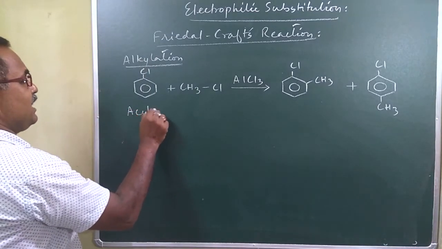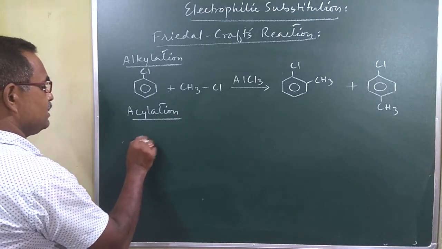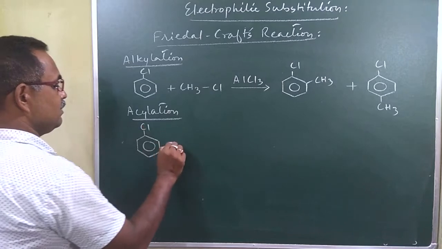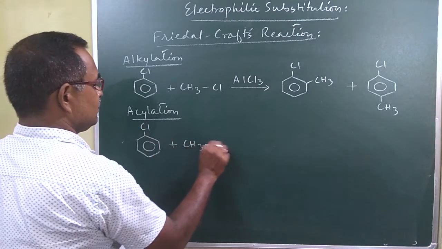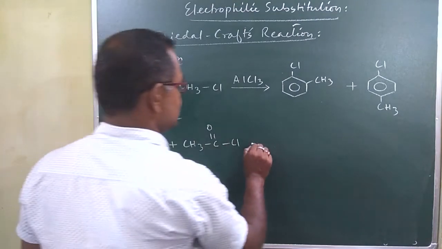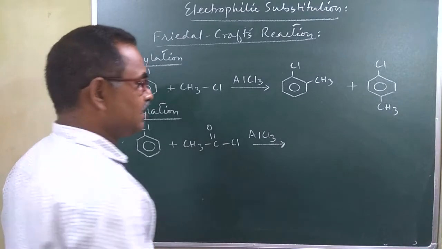Then come to acylation. Consider chlorobenzene again. Treat this with acetyl chloride, CH3COCl, in presence of AlCl3.